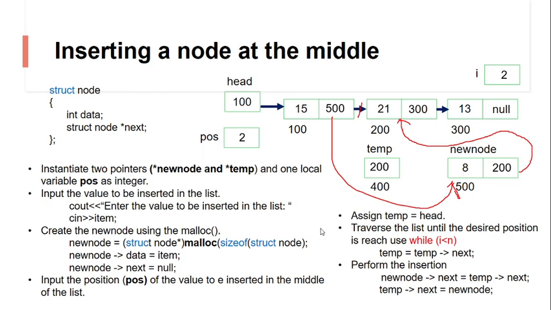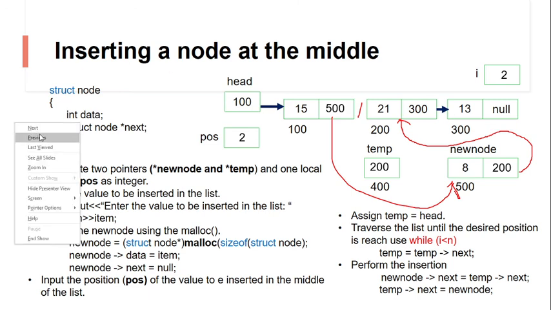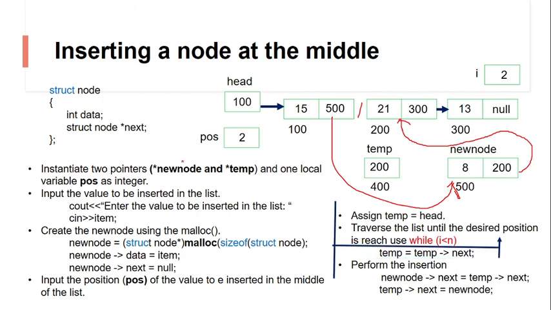Let's go next again, so you can see it was disconnected between 100 and 200 because we have inserted 500. But 200 and 300 will still be connected by their connection, so what I drew a while ago is right. So that's how we insert a node at the middle.